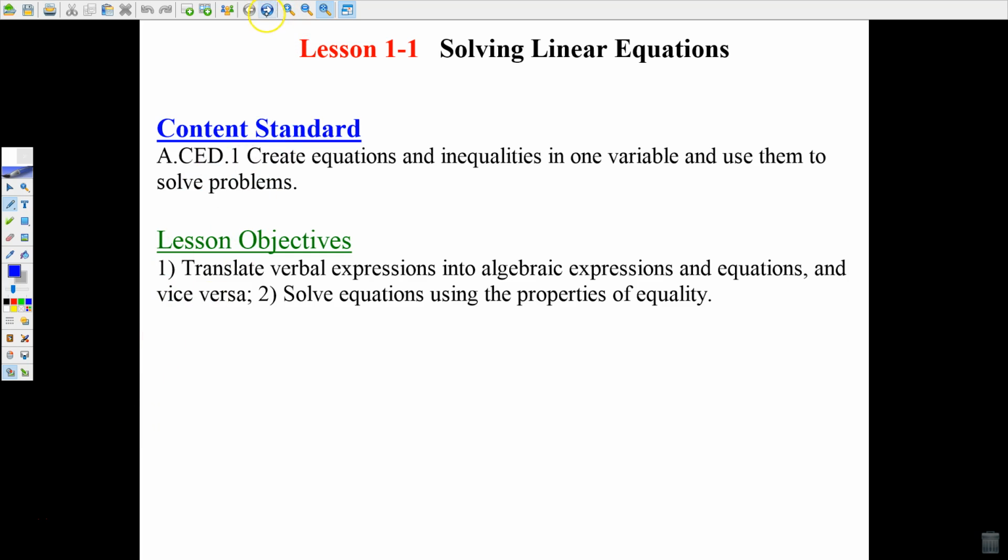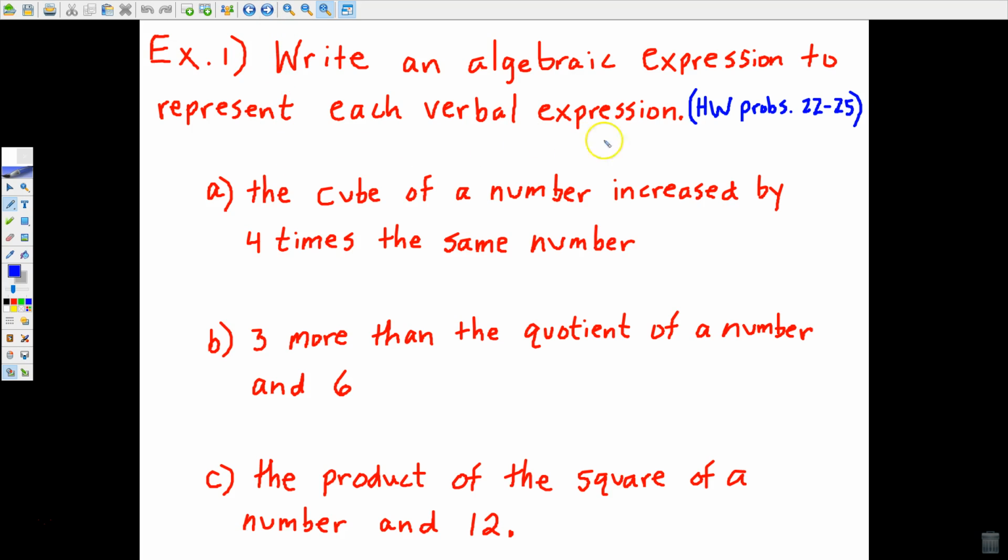And so I wanted to provide you with this video with some examples that will help you with certain homework problems, and I will always, with these notes, try to indicate the specific homework problems that my examples should be helping you with. So please don't just take these notes and forget them.